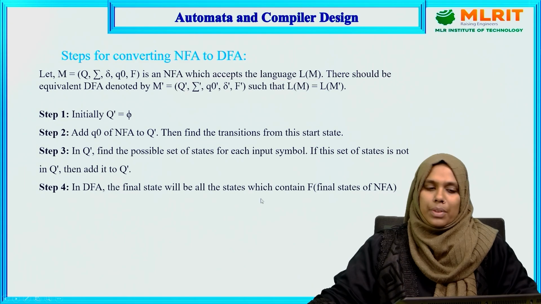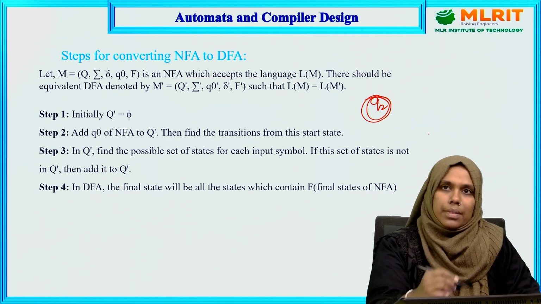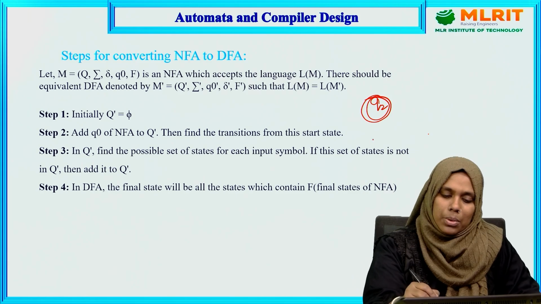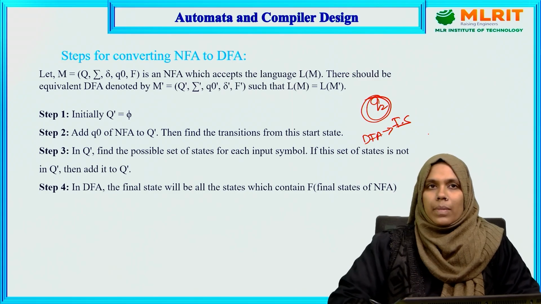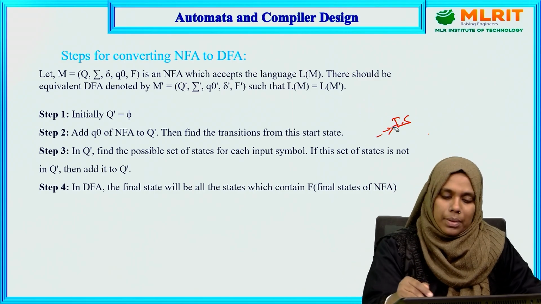For example, if Q2 is the final state, then wherever Q2 is present in the DFA will also be considered a final state.